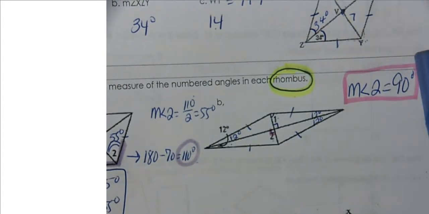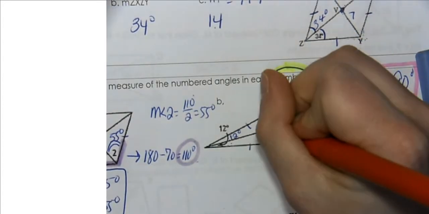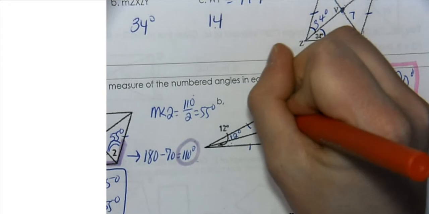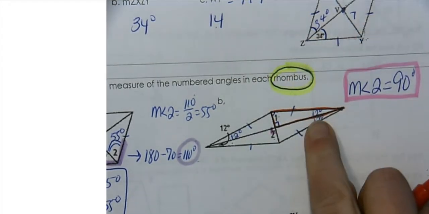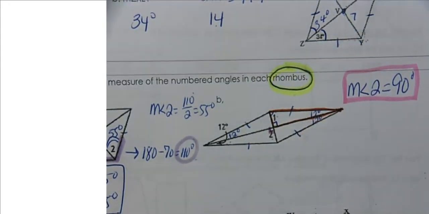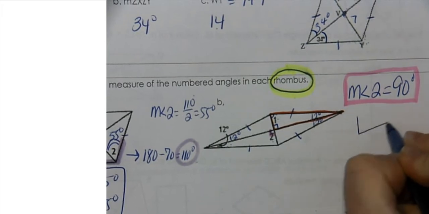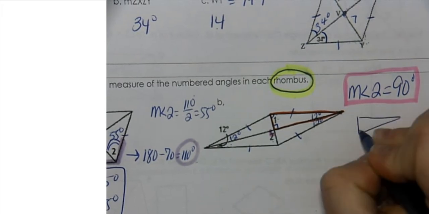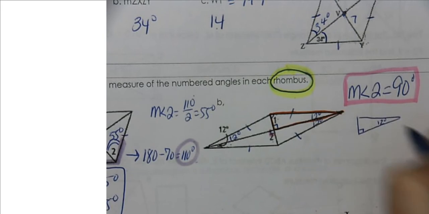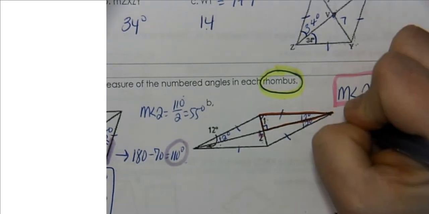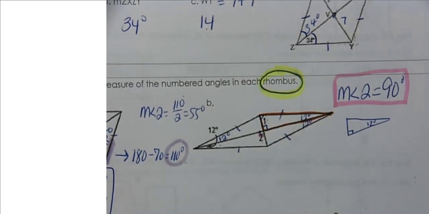So I'm going to go ahead and emphasize the fact that we have ourselves a right triangle. And we know that this angle right here is 12 degrees. So if I'm working with this right triangle, and I know that this angle right here is 12 degrees, then that means that I can find this other angle by using the 180-degree rule.